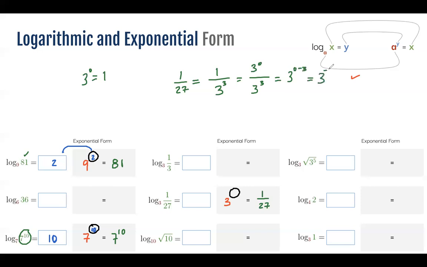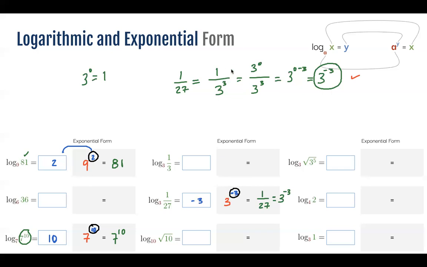This is just to remind you that 1 over 27 is 1 over 3 to the third power, and that's equivalent to 3 raised to the power of minus 3. So that means that the exponent I'm looking for is minus 3.